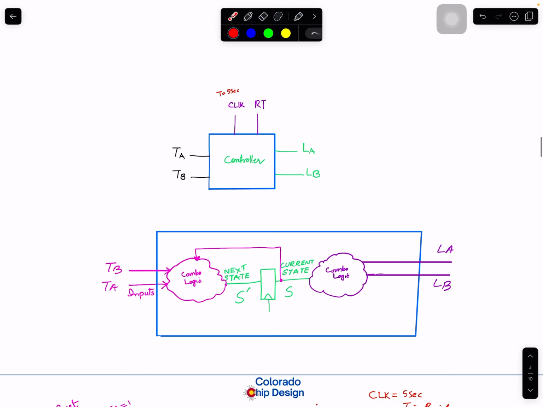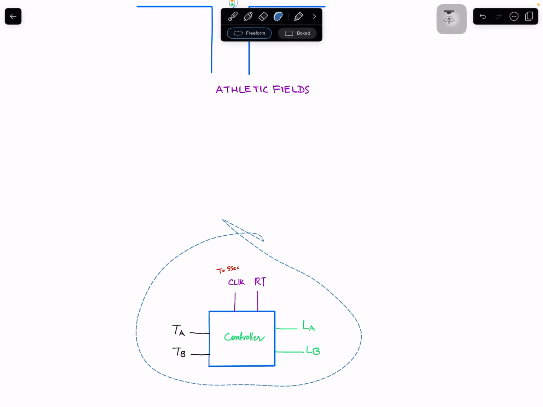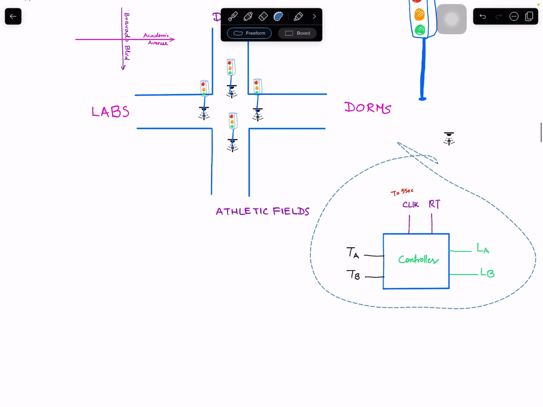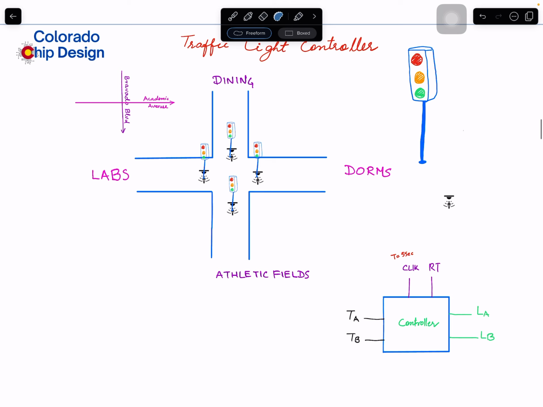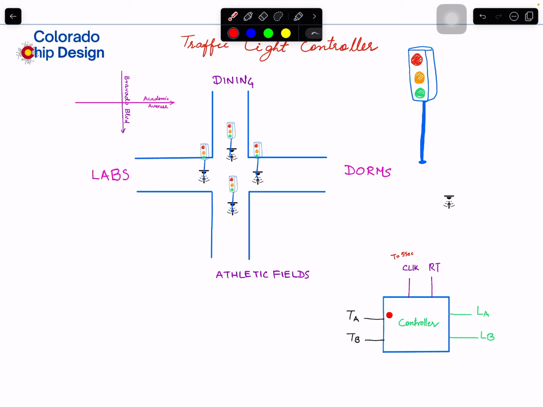All right, so what do we want to create? We want a controller, a digital controller. The inputs are TA and TB. This and this I'm calling TA.